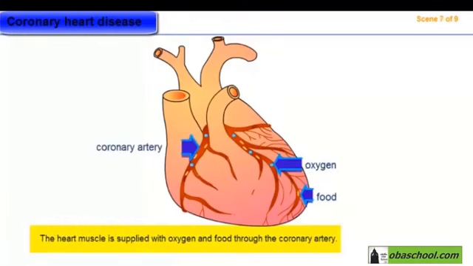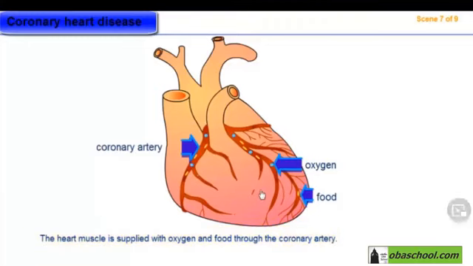Now, this heart muscle is supplied with oxygen and food through the coronary artery. So, the heart muscle requires oxygen and food in order to remain functioning. Like any other organ, in order to function, it requires oxygen and food, which comes through the coronary artery.